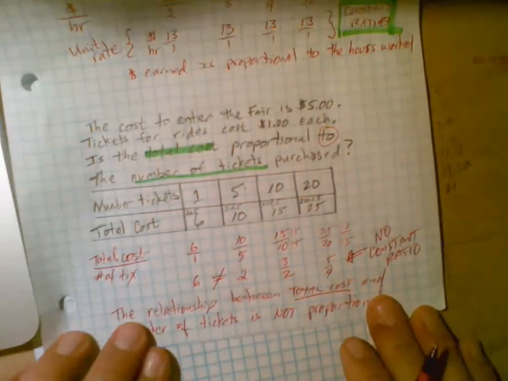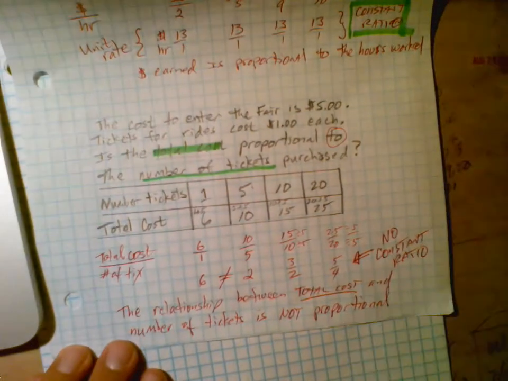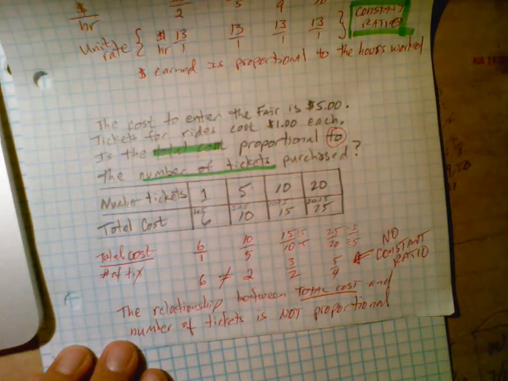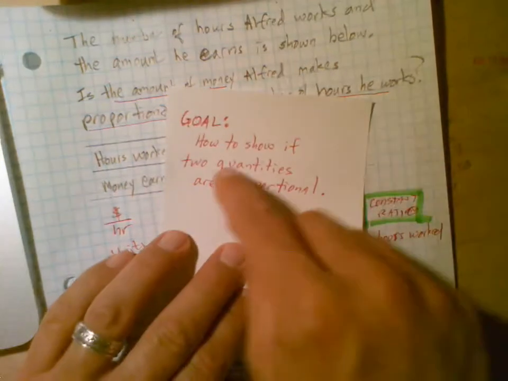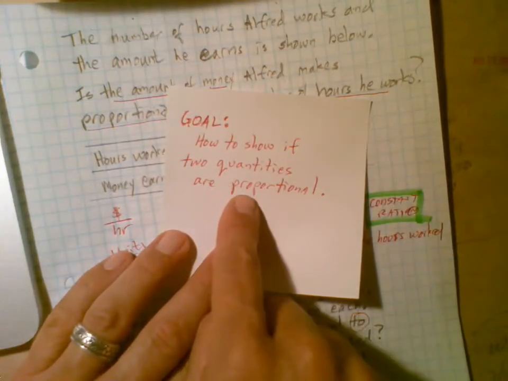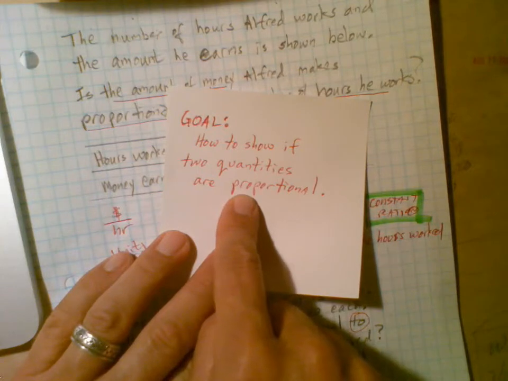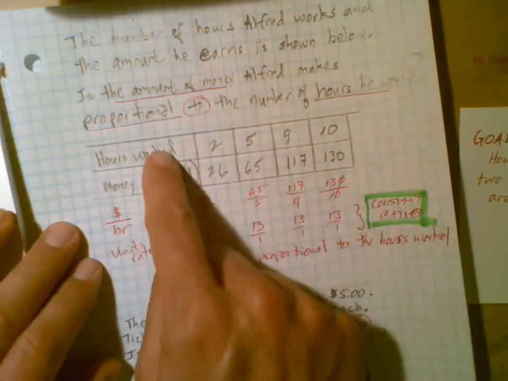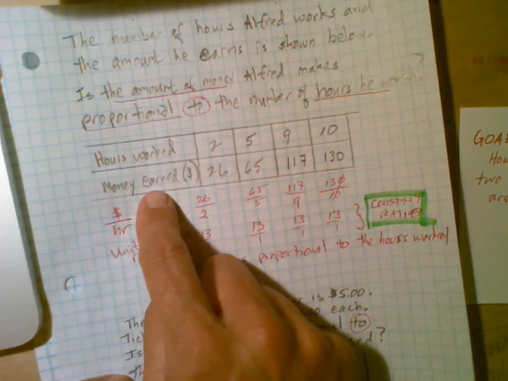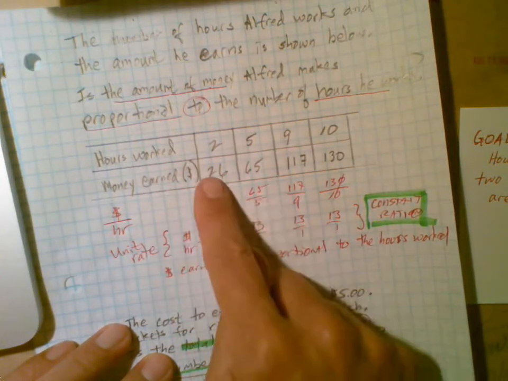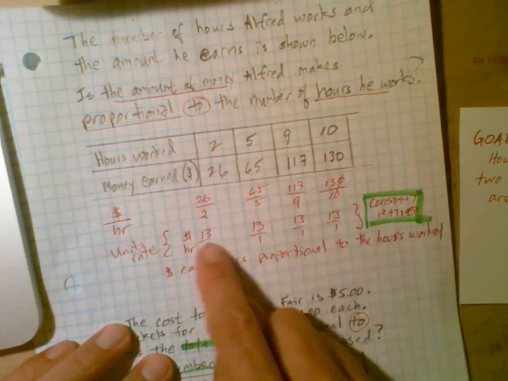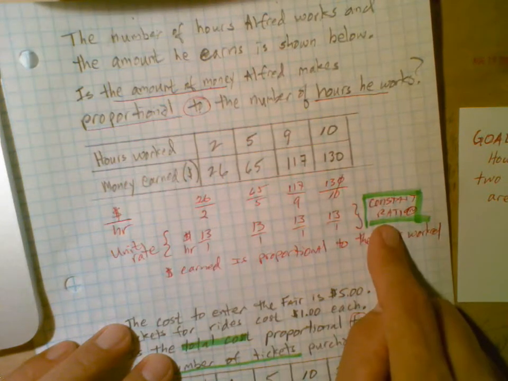I realize this video is getting a little long. While going through the details, of course, you can stop and go back. So remember our goal that we started off with. Our goal was how to show if two quantities are proportional. So two quantities, like hours worked and money earned, are proportional if you can simplify all the ratios and you have a constant ratio.